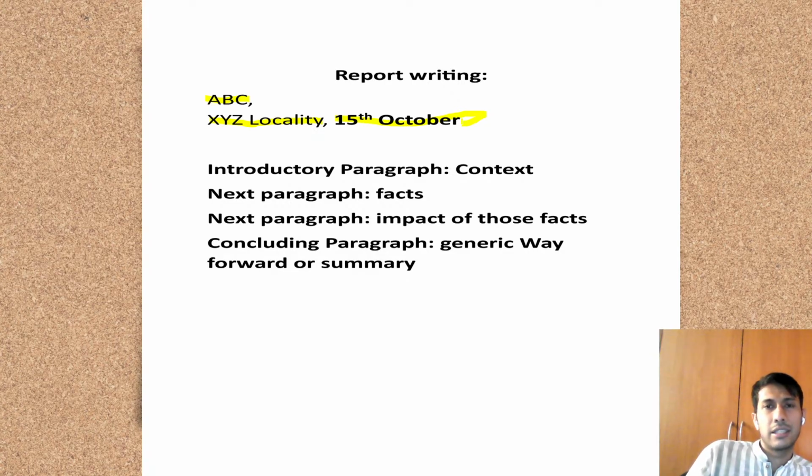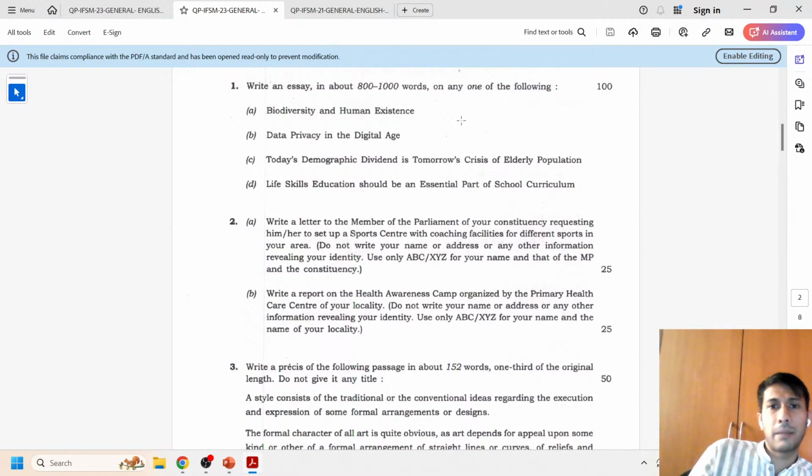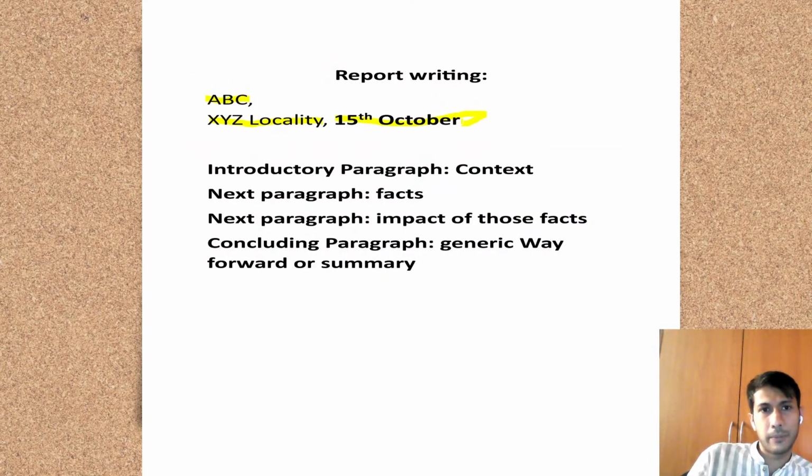Give the context: given the incidence of rising non-communicable and communicable diseases, health awareness has taken up paramount importance in our day-to-day life. XYZ Primary Health Center organized a health awareness camp in its vicinity. That is the premise or context that you are giving. So this is the first paragraph.